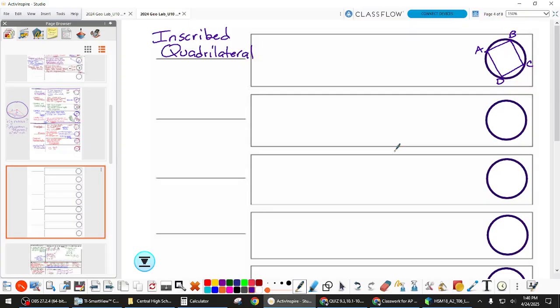Here's what's cool about when you draw one in a circle. Here's what's true. You don't have to worry about if it's a trapezoid or a square or anything. Opposite angles are supplementary. You remember what that word means?